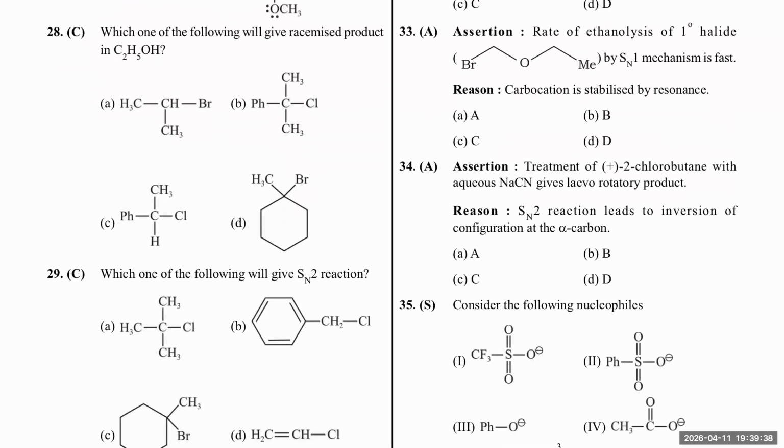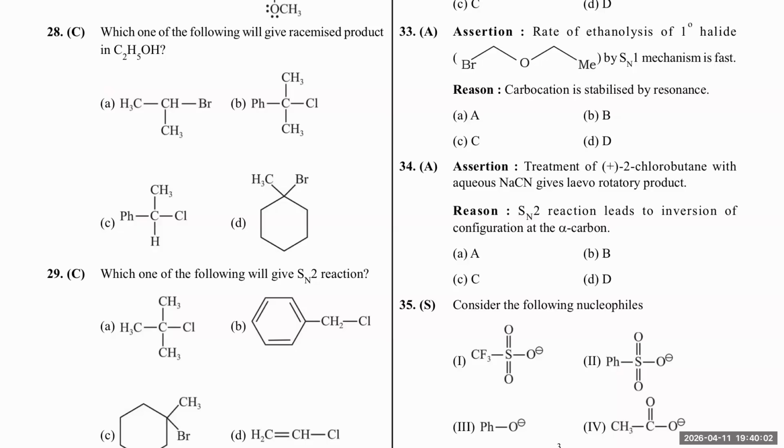Which will give racemized product more in ethanol. Now, it is a good one. So if you want more racemic product here, then what you need to check? If you want more racemic product, you need to check which has more stable carbocation nature.